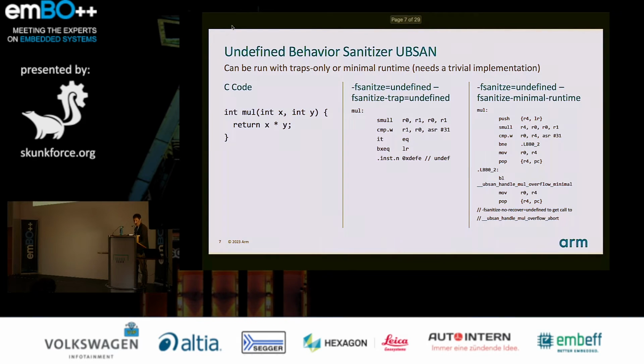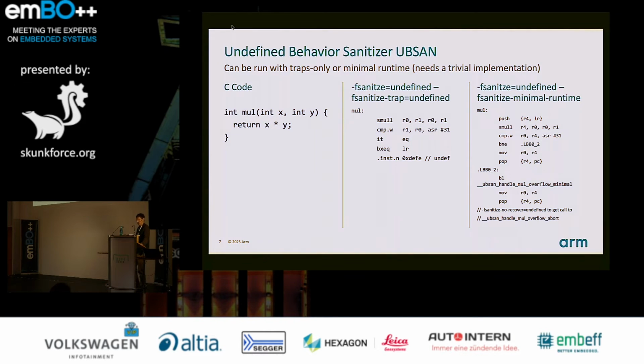As an example here, this is a very simple bit of C code that can have undefined behavior if there's an overflow. This shows the actual code that will get inserted. It's just doing a comparison. If it detects overflow, it basically halts the processor by executing an undefined instruction.